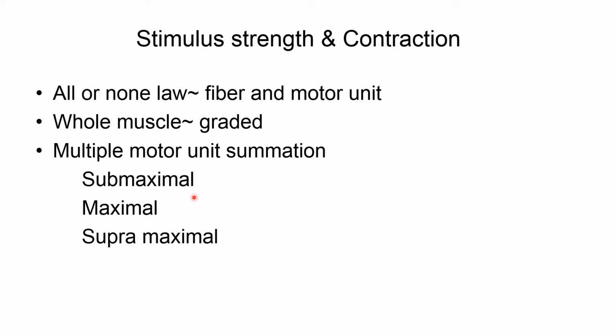And when the stimulus is supramaximal, all the motor units will work and produce maximum force. That is called multiple motor unit summation. Summation is summing up. So multiple motor units get summed up and produce more force of contraction when the stimulus goes from submaximal to supramaximal level.